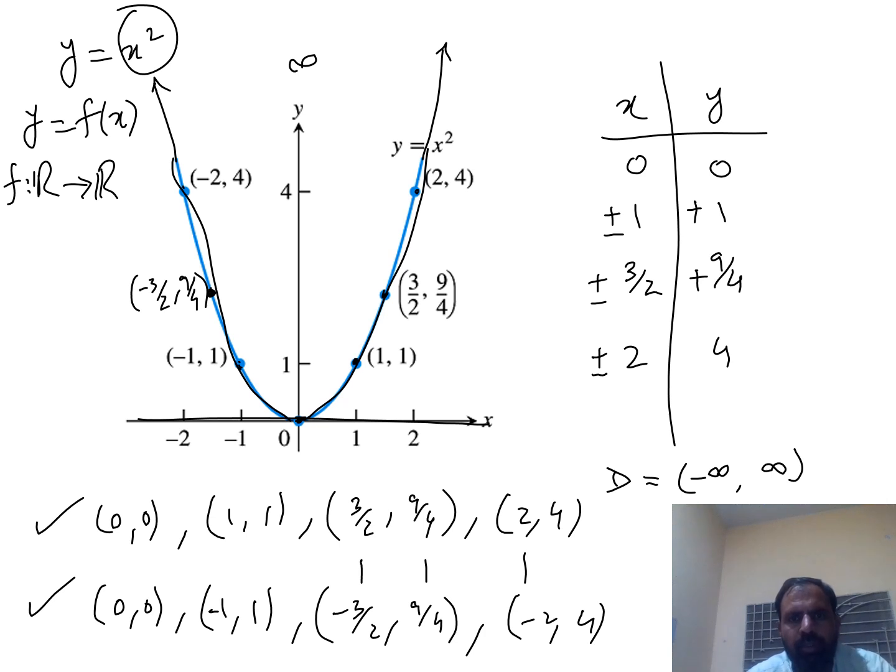When we put in 1, it gives 1, and if you put in minus 1, this also gives the output 1. So the graph of y equals x squared is a U shape, a parabola.